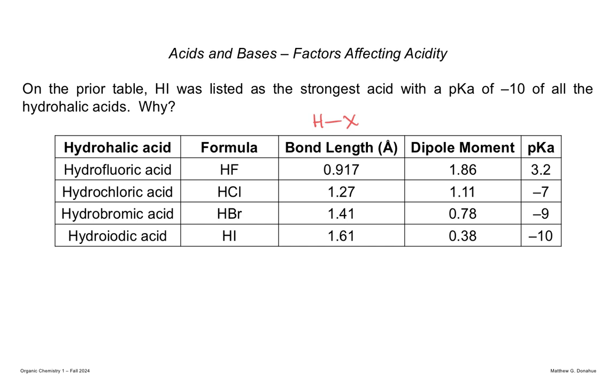So the proton is almost ionized to begin with. Whereas in HF, they're mostly the same size, so they're closer together. That shorter bond distance means the HF bond is already strong, whereas HI is weak. And if the definition of an acid is to donate a proton, if the bond to that X atom is weak, the proton wants to go away pretty easily.